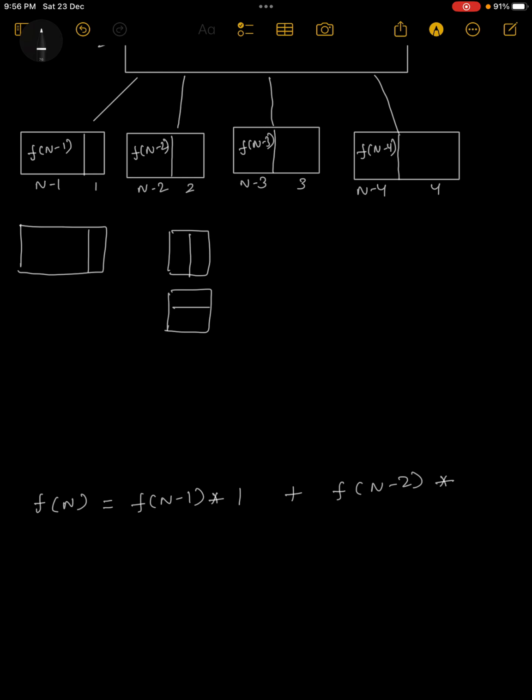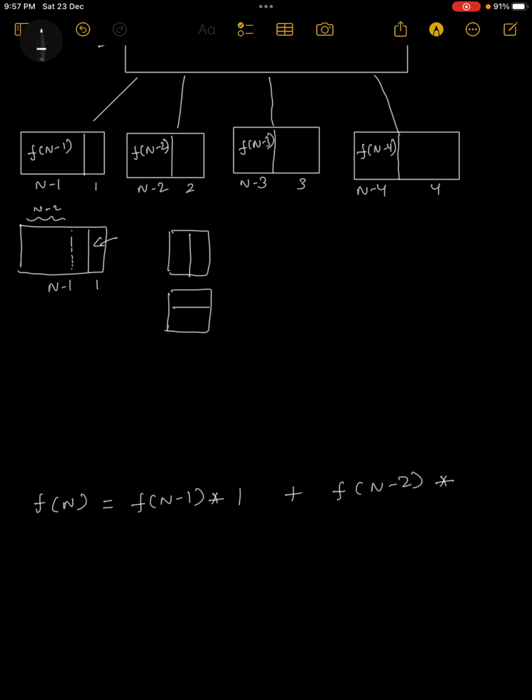For example, it is guaranteed that the last tile of the partition of n minus 1 and 1 will always be a vertical domino, because there is only one way to tile the last one, so that one is fixed. And suppose there is a pattern while tiling n minus 1 where the last tile is also a vertical domino, then the remaining total length will be n minus 2.